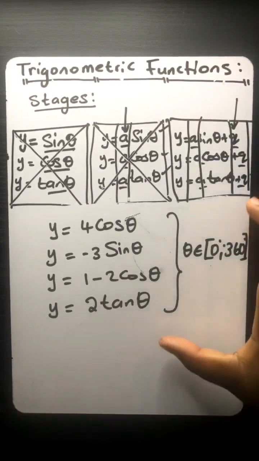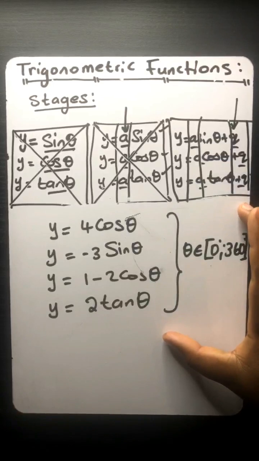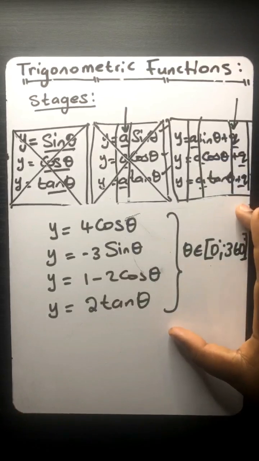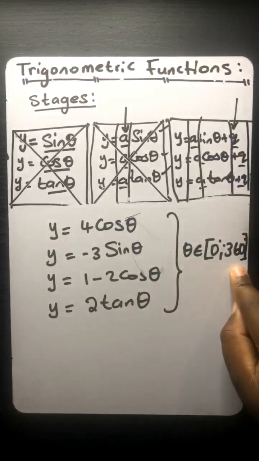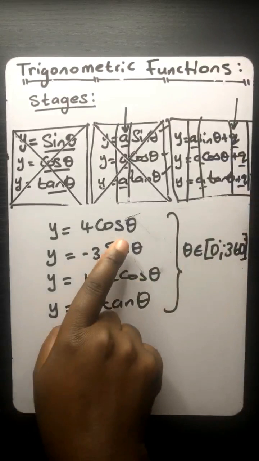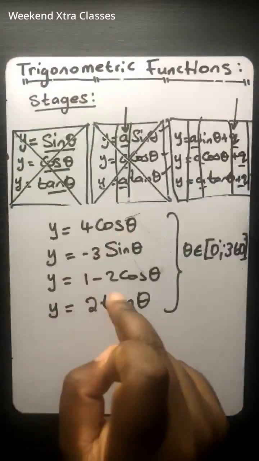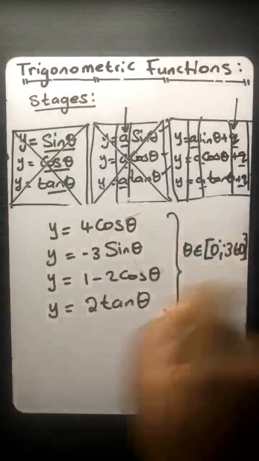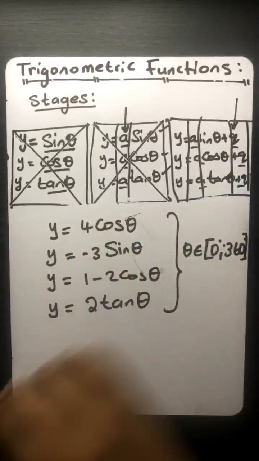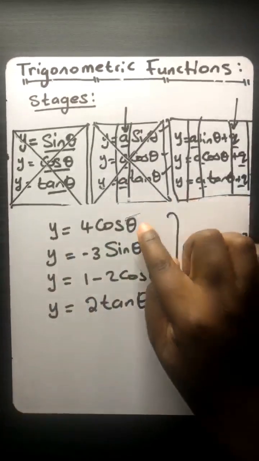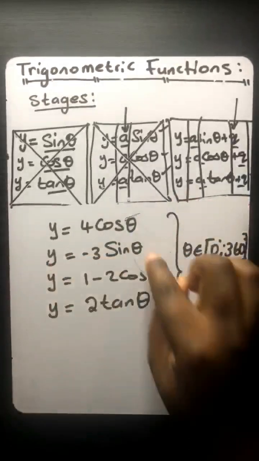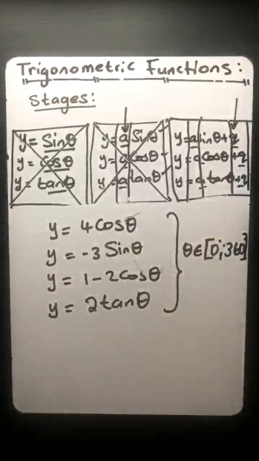I'm going to remove all of that. Did you guys take screenshots, and do you understand what is expected of you there? You just do it as practice and see if you can sketch those, following exactly the procedure that we have done, where you start by drawing the axes and then you start plugging in those angles. Whatever value you get, you put a dot there, and after you just connect the dots. You draw them on separate axes, so each one goes on its own axis.